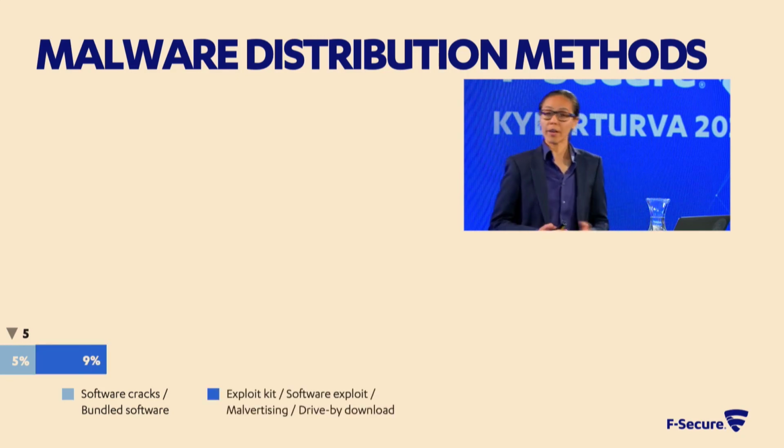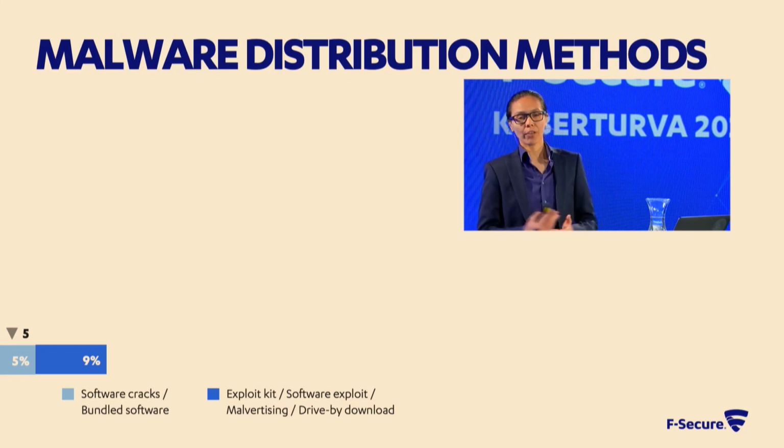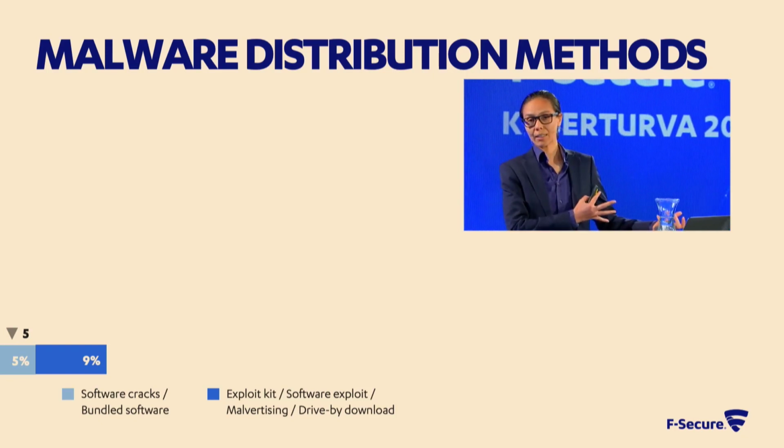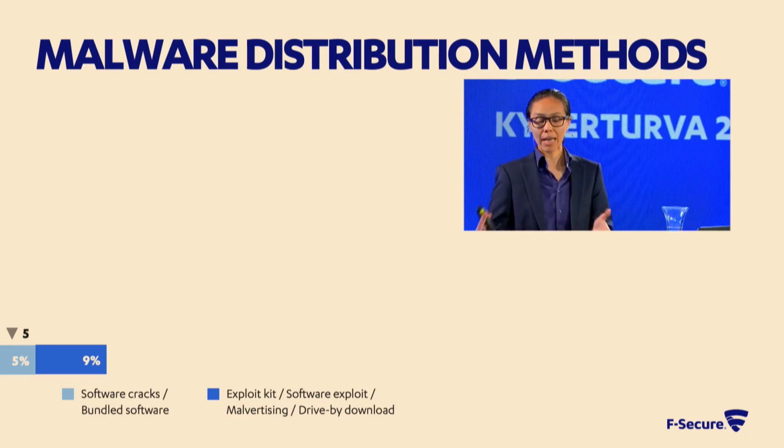Another type of infection vector are those that are related to exploit kits or malicious advertising. So these are the type of infection vectors that actually need no execution, no activity from the user in order to be installed. So for example, the user yesterday visited a news website that was perfectly clean, and today that news website started to host malicious advertising.